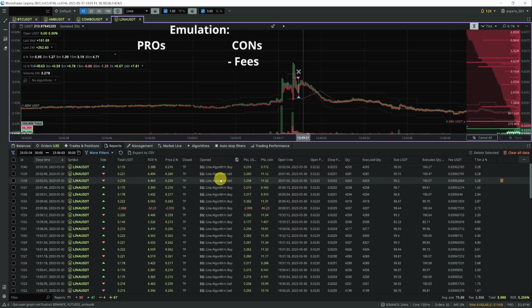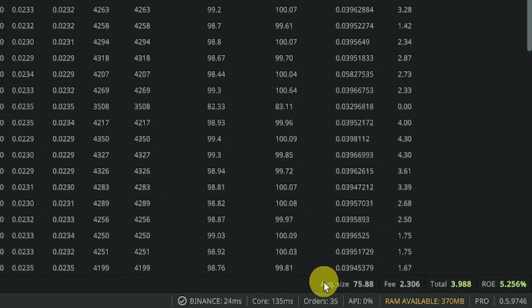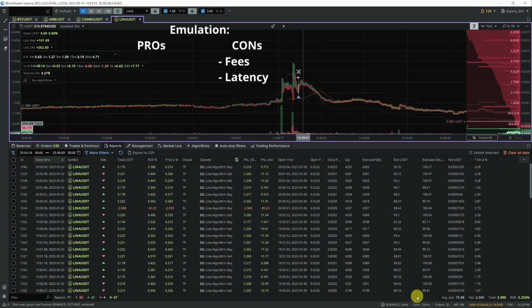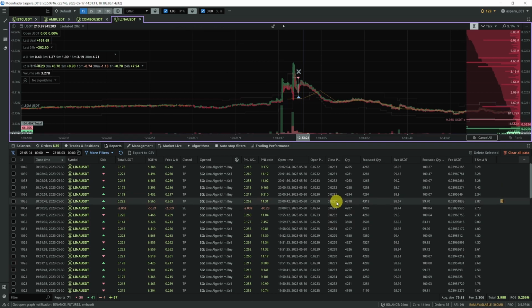Number 2, the second difference is also right here at the bottom. You see these numbers here? It says Binance 24 milliseconds and Core 135 milliseconds. This is what is called latency or trade latency. This means a delay in communication between various points in the whole trading ecosystem.